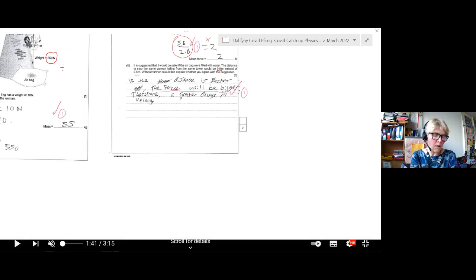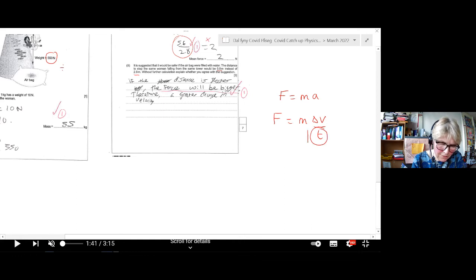Well, you're going to come to a stop in a much longer time, and therefore if it's a longer time, we can show that force equals mass times acceleration, and you know from unit 2.1 that force equals mass times change in velocity over time. So if somehow you can extend the time it takes to come to a stop, then because it's underneath, that means that the acceleration will decrease.